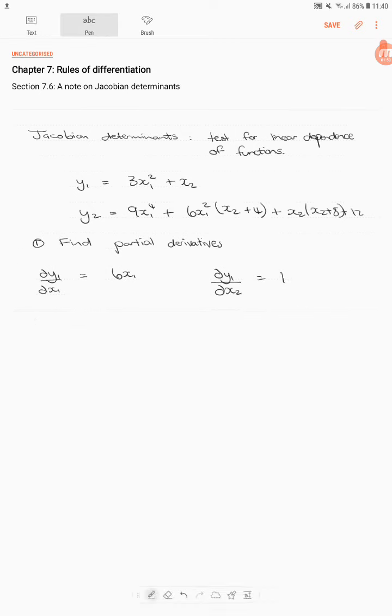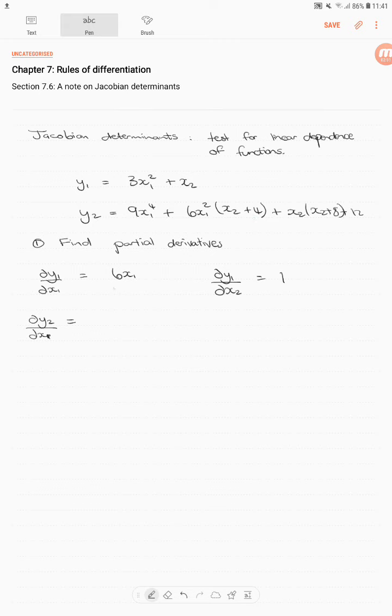We also want the partial derivatives of y2 with regards to x1. This function with regards to x1. So we have 9x1 cubed plus 6x1 squared times x2 plus 4.